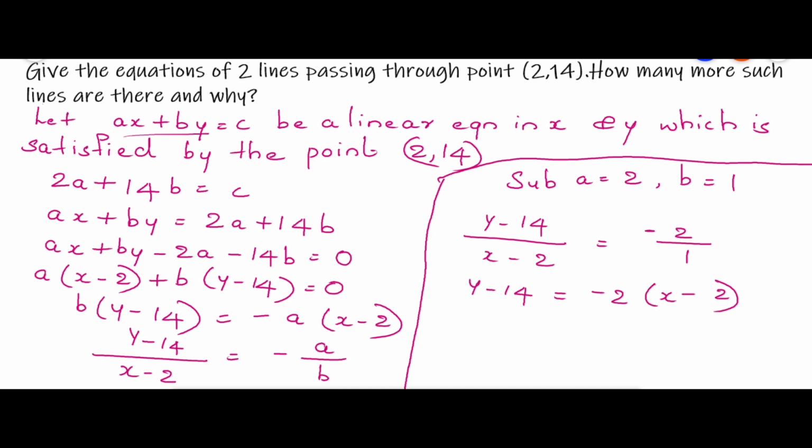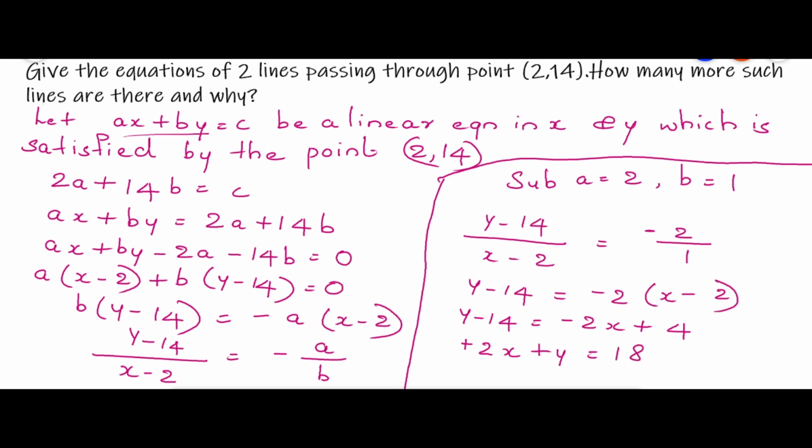So y minus 14 is equal to minus 2x plus 4. So minus 2x plus y, bringing this 2x to here, 2x plus y is equal to 4 plus 14, which is equal to 18.